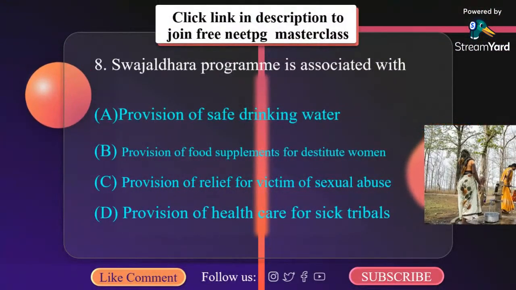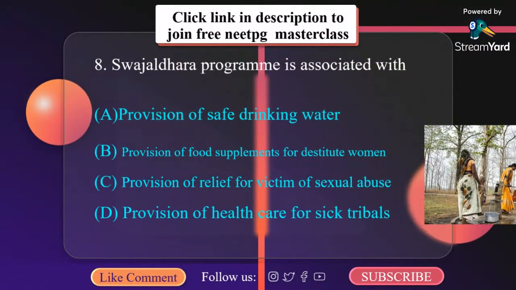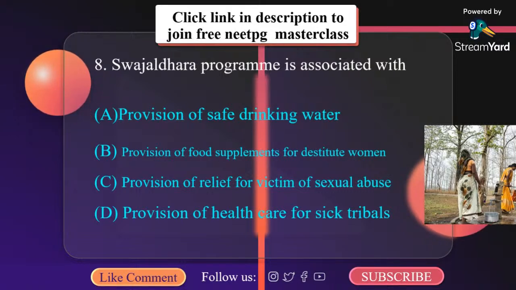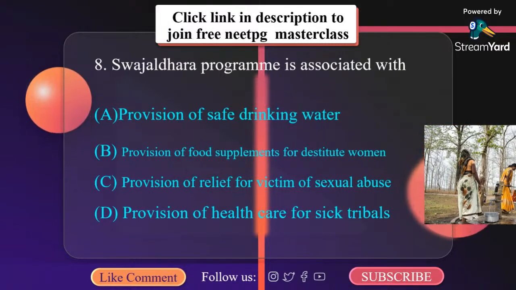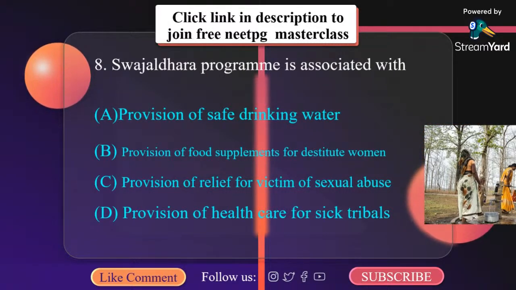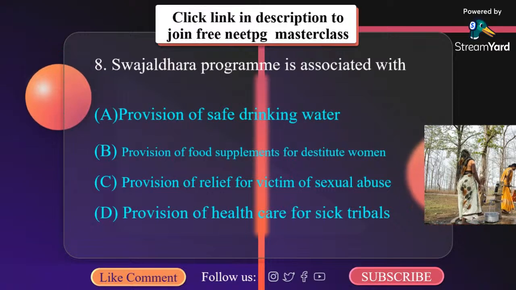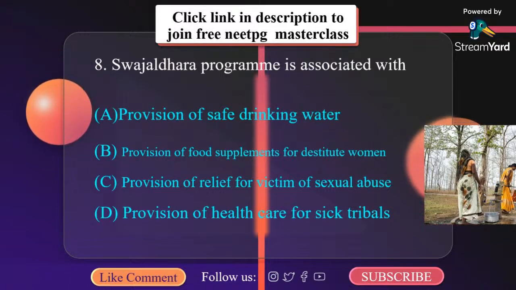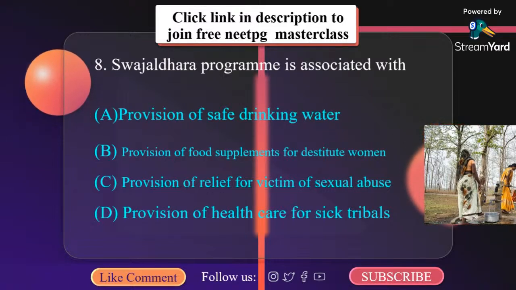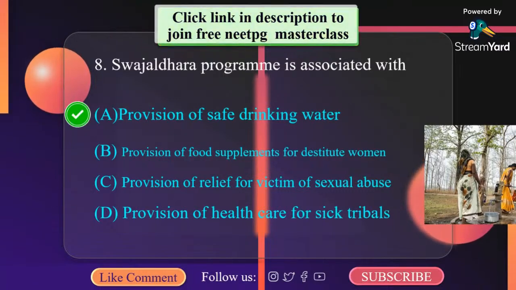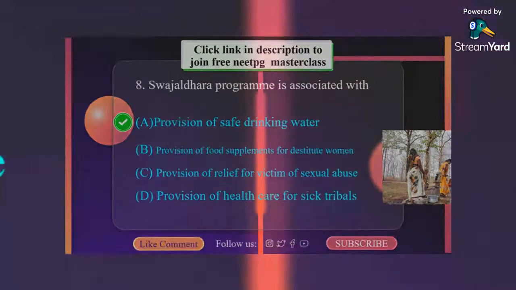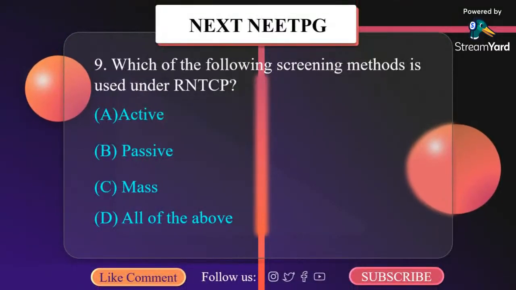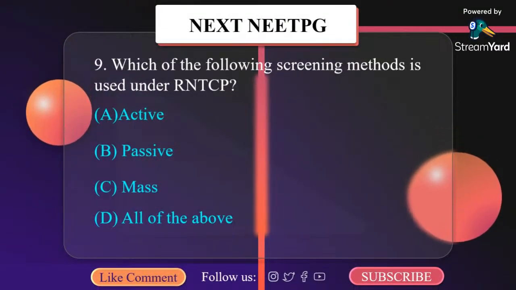Swajal Dhara program is associated with A. Provision of safe drinking water, B. Provision of food supplements for destitute women, C. Provision of relief for victims of sexual abuse, D. Provision of health care for sick tribals. It is provision of safe drinking water. Which of the following screening methods is used under RNTCP?